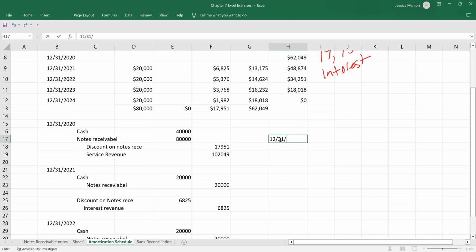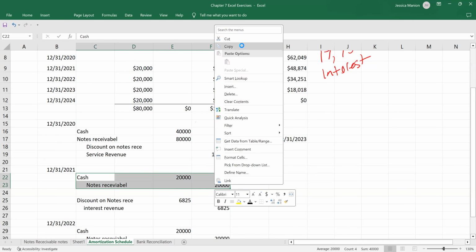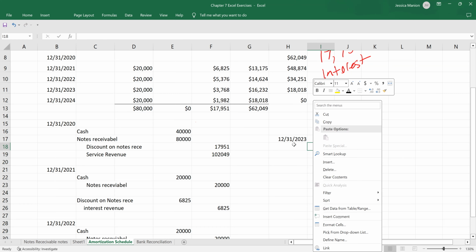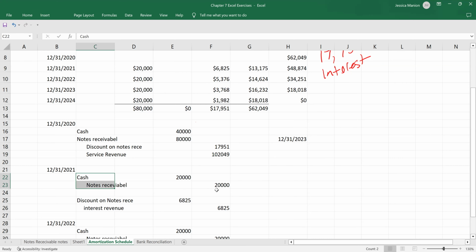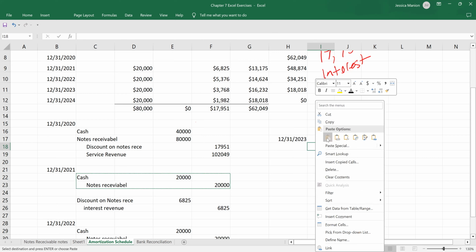12/31/23. Again, we'd be doing this entry to record their payment to us of 20,000. So I'll copy that. It doesn't seem to want to cooperate with me, and we're running out of time here.